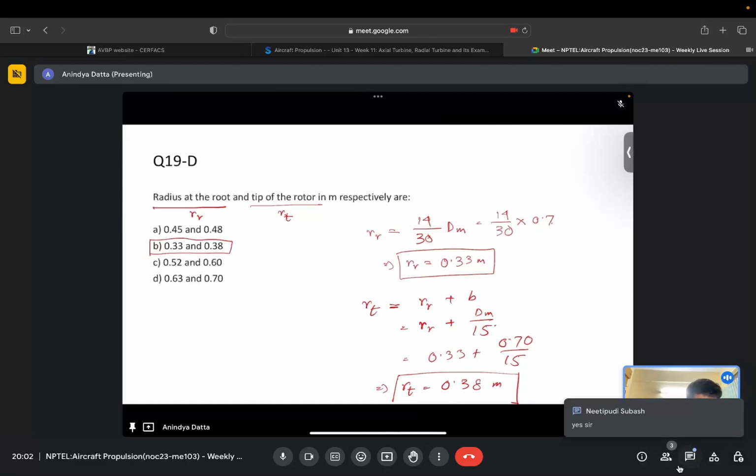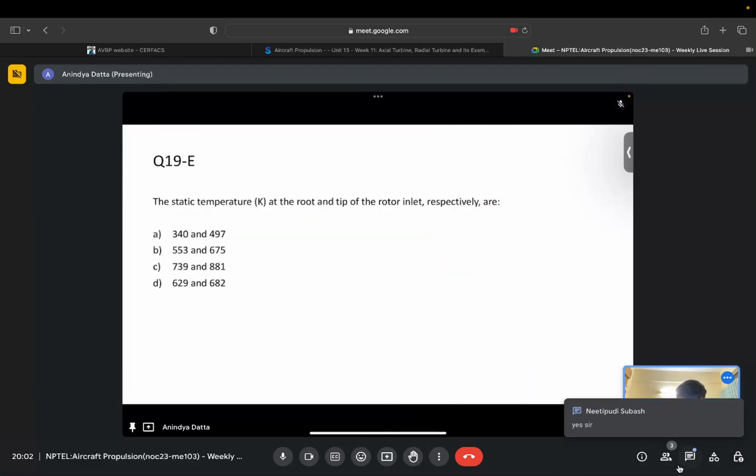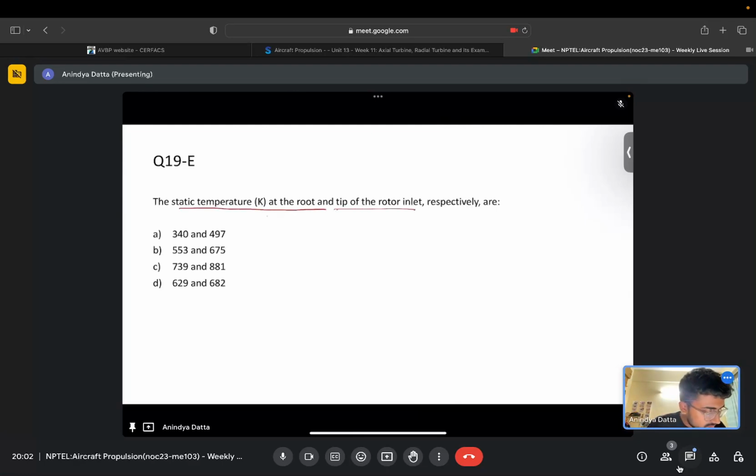I guess this is the last part. I don't have the solution for this, so let's solve this. We have to find out the static temperature at the root and tip of the rotor inlet. How can we find that out? T02 is equal to T2 plus C2 square by 2Cp, and T02 will be equal to T01 because 1 to 2 is a nozzle.